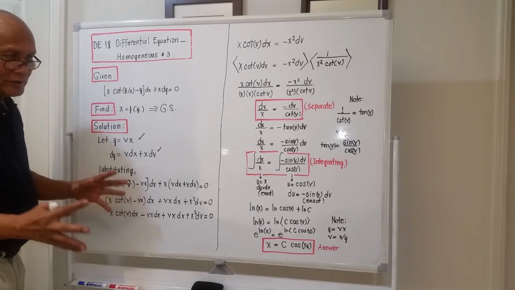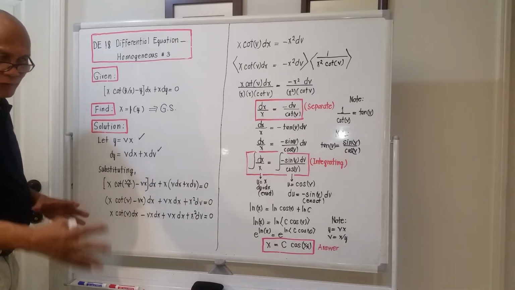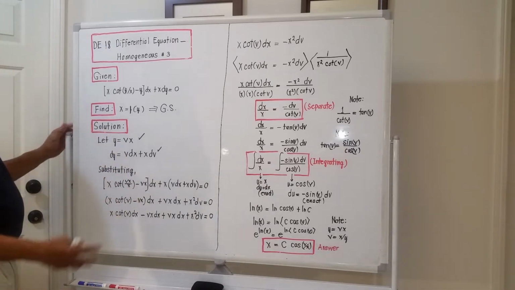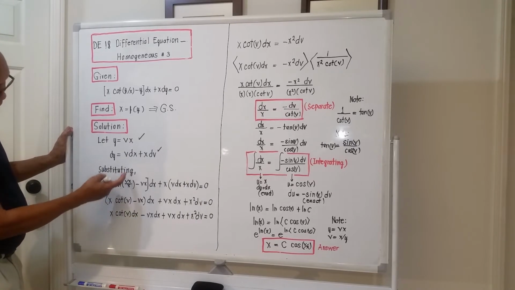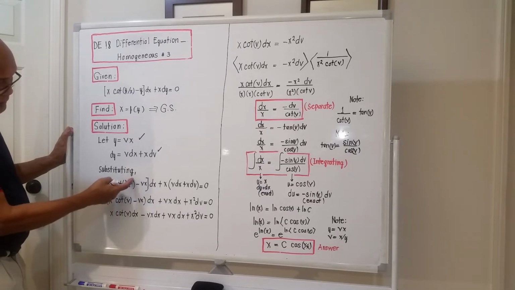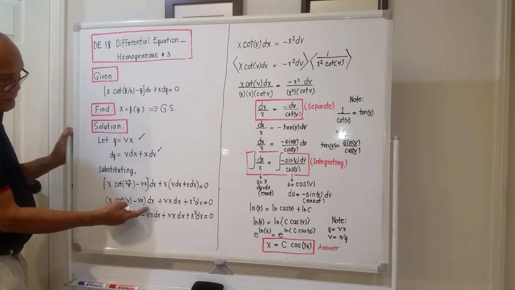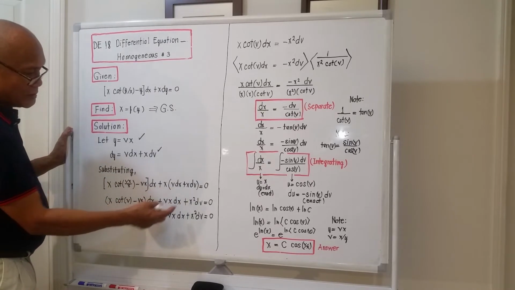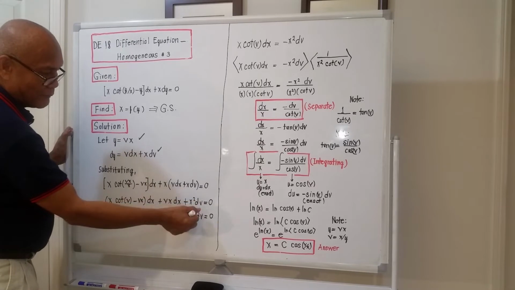We are now through with the substitution, so we will manipulate using algebraic manipulation, expand. So what will come out will be x cotangent of v. vx over x will just be simply v. x will cancel out. Minus vx, close quantity dx. We will expand this one, so this should be vx dx plus x squared dv equal to 0.